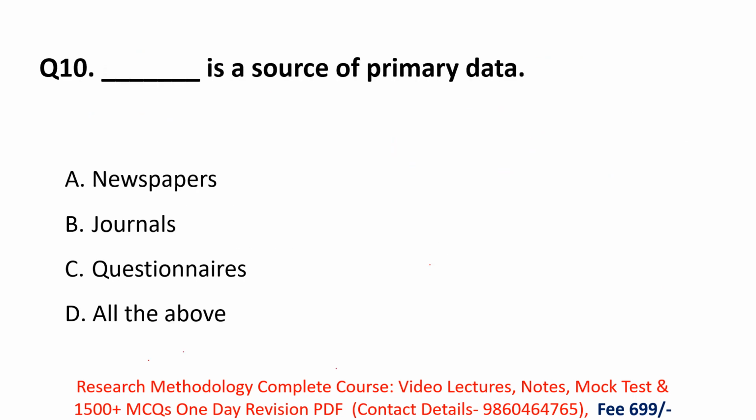Next, dash is a source of primary data. Remember in research there are two types of data, primary data and secondary data. So what is primary data? Primary data means while doing research, the researcher generates data by himself.